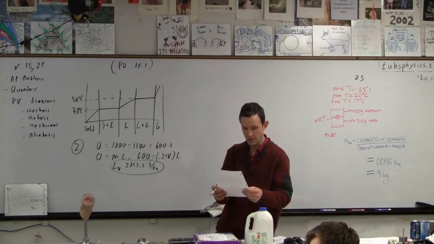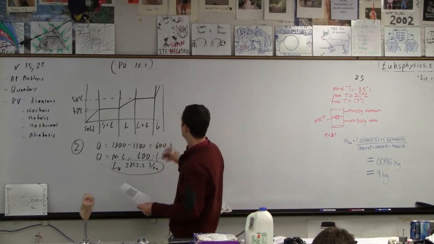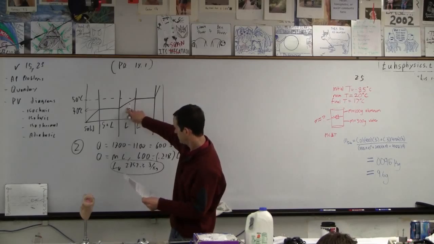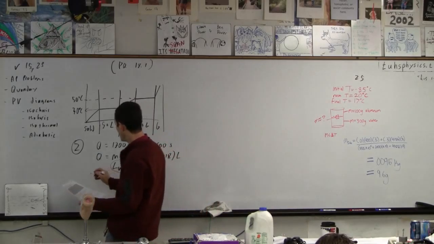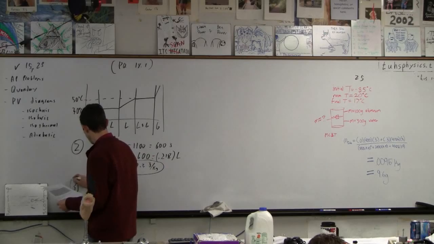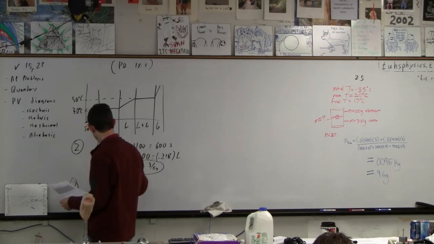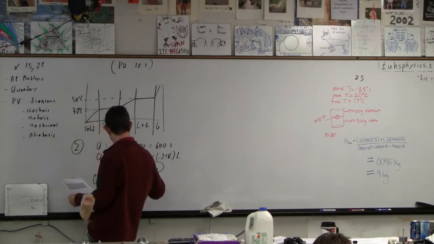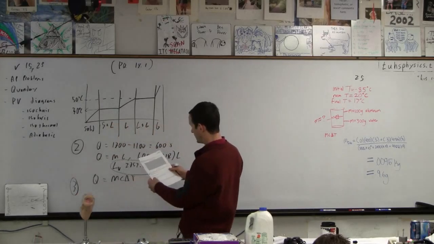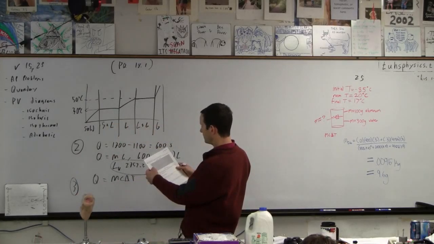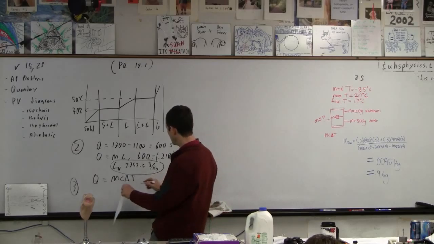And then specific heat of the liquid phase. Here's the liquid phase right there. Okay, so I'm going to use Q = mcΔT, right? And the liquid phase is from 30 to 50, so that's a delta T of 20.